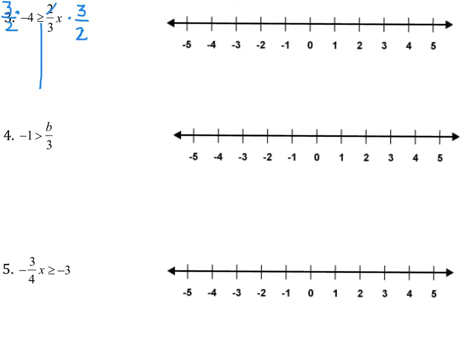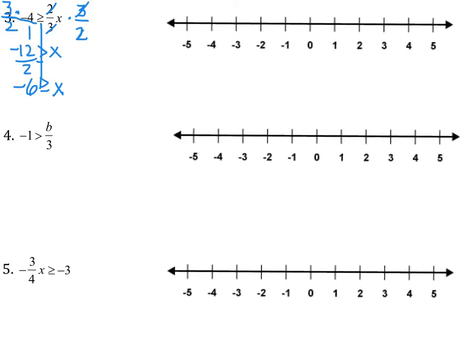So the 2's cancel, the 3's cancel, so you're just left with x. And then if I extend this here, I've got 3 times negative 4 is negative 12 divided by 2. I did not multiply or divide by a negative sign, so my inequality sign stays the same. Negative 12 divided by 2 is negative 6, is greater than or equal to x.